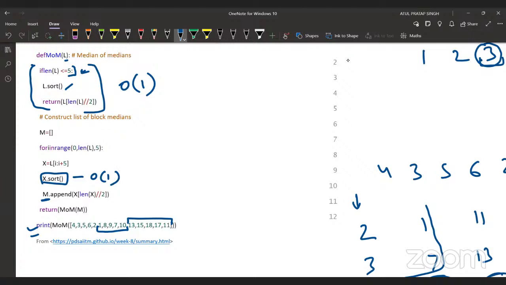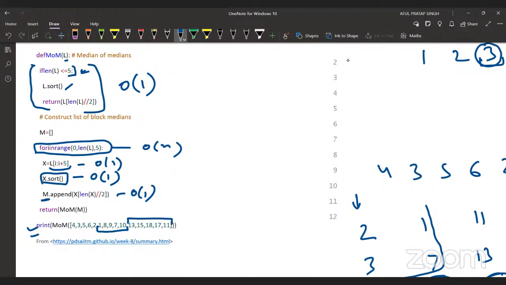So this loop is actually the main loop, and here we are performing order of n operations. You can see that inside this loop each operation is a constant operation. The appending is also a constant operation.